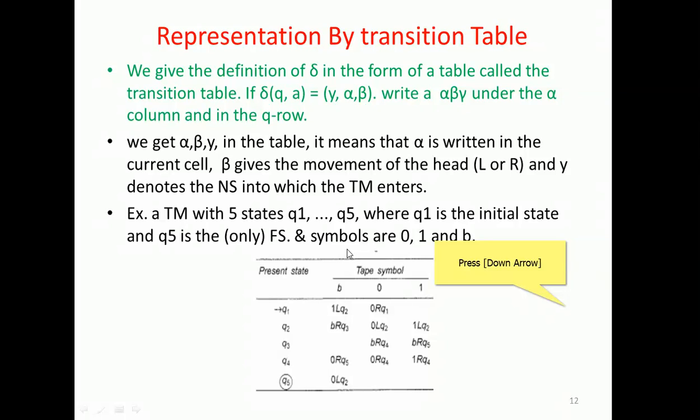In Q4, when you consider the blank B, it is going to be changed to 0, then moves right and reaches the Q5 final state. 0, 0, R, Q4.